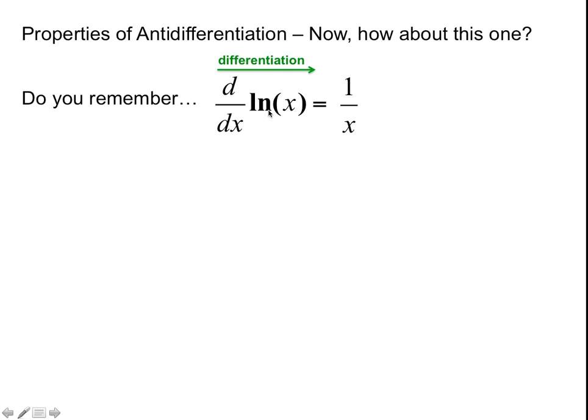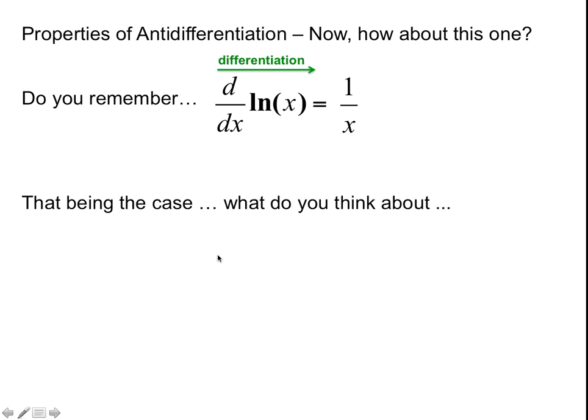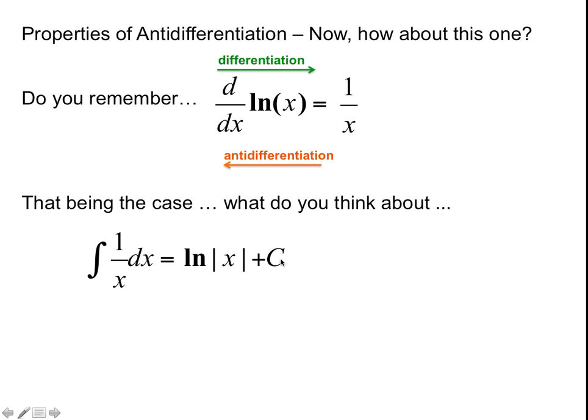Remember doing n-deriv of natural log of 2 and getting 1/2, n-deriv of natural log of 3 and getting 1/3. We went through that exploration last fall. So that being the case, let's work through this relationship backwards. The antiderivative of 1 over x must be natural log of the absolute value of x plus c.